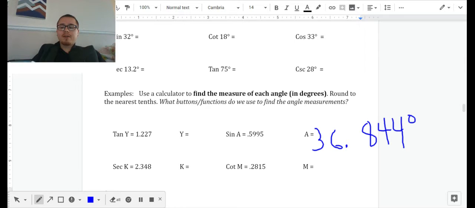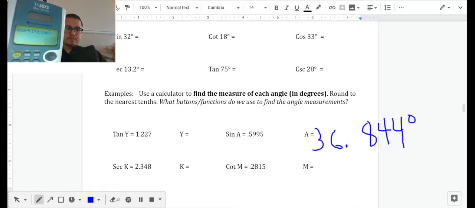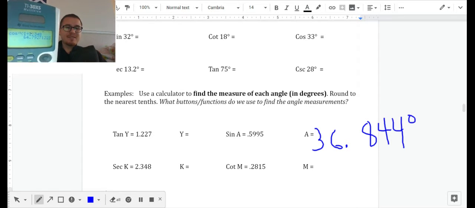Okay, I remember. Let's use secant of k equals 2.348. That's the ratio. Secant is the inverse of cosine, so you hit second cosine, and then you're not going to put in 2.348, you put in 1 over 2.348, because you're trying to get the inverse. And you get 64.73, I'd round that.